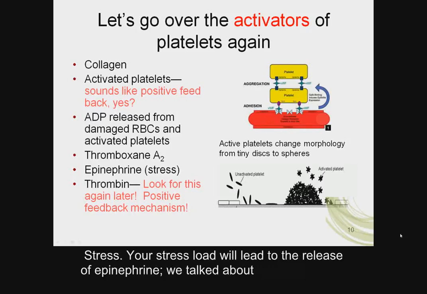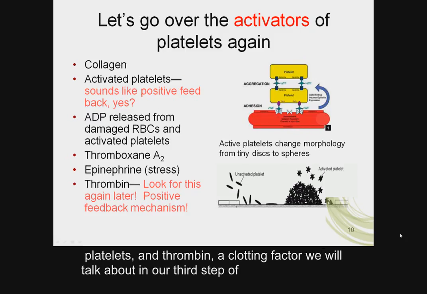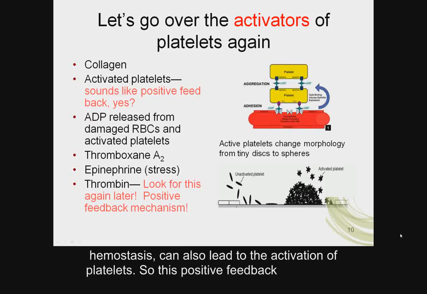Other ways to activate platelets? Stress. Your stress load will lead to the release of epinephrine. We talked about that in our stress lecture. Epinephrine itself, that hormone, can activate platelets. And thrombin, a clotting factor we will talk about in our third step of hemostasis, can also lead to the activation of platelets.